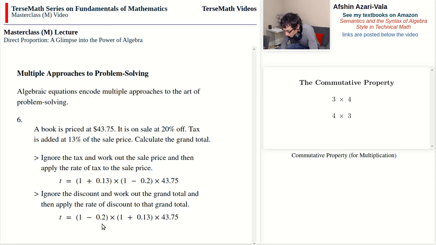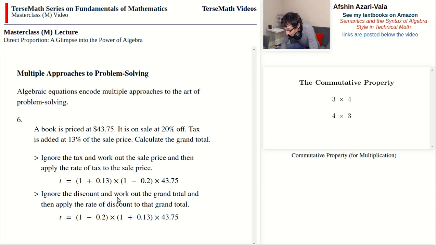We just change the order, and it still works. It will give us the same value, again, because the order of multiplication doesn't matter. So whether we start with the price, work out the sale price, and then the grand total, or start with the price, find the grand total, then apply the discount, it comes to the same thing.